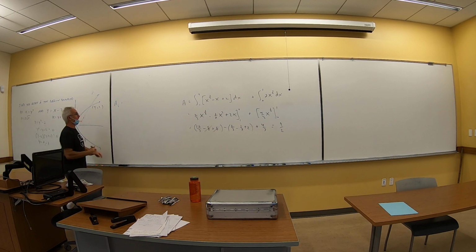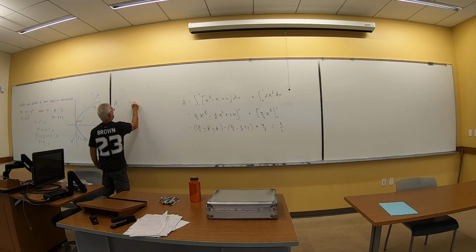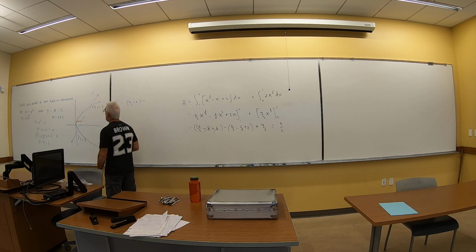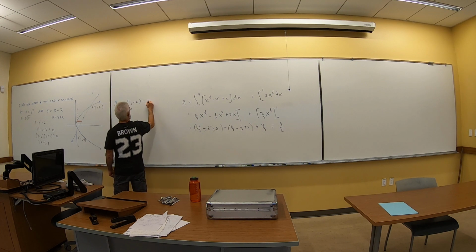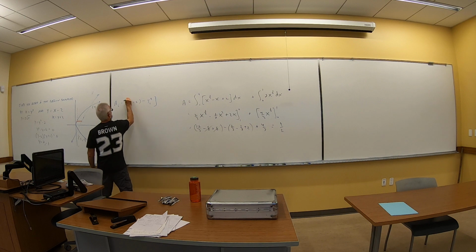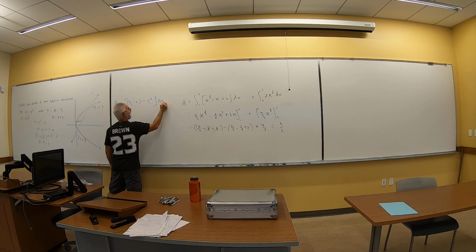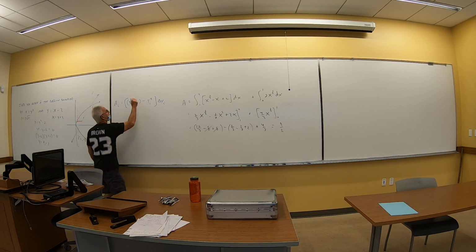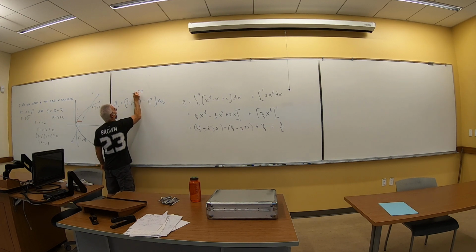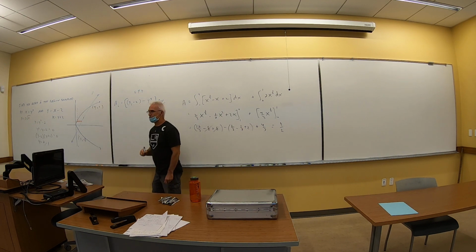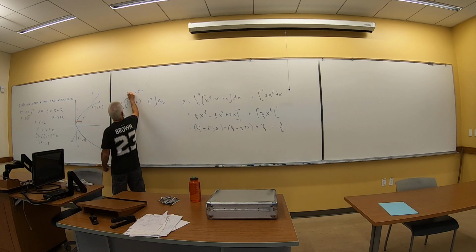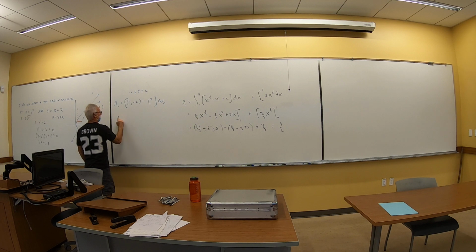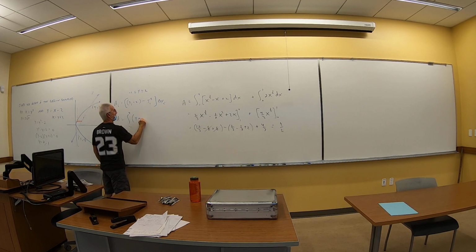So it's going to be the line, which would be yi plus 2 minus the parabola, which would be yi squared. And as we say at my house, yi otta then. And what is the range of values for y? -1 to 2. Good.